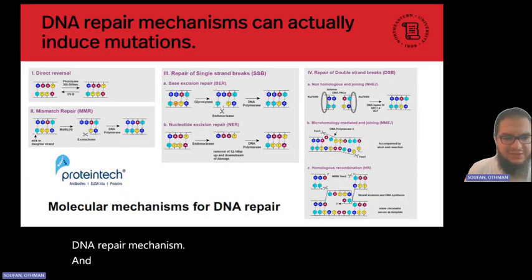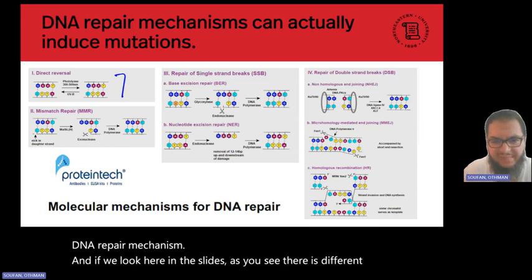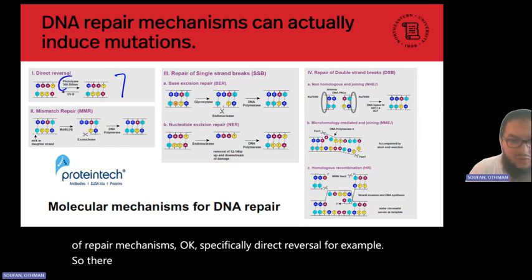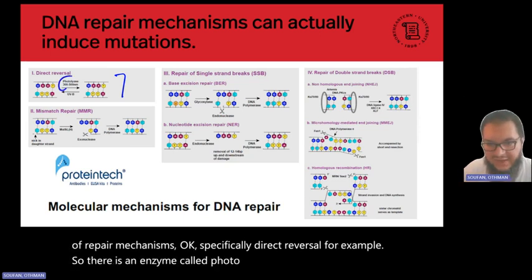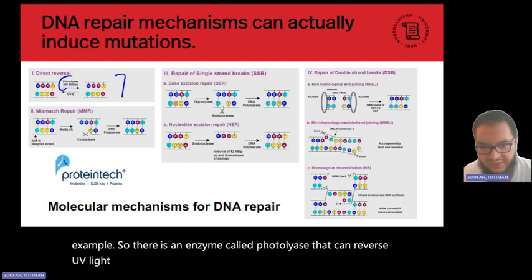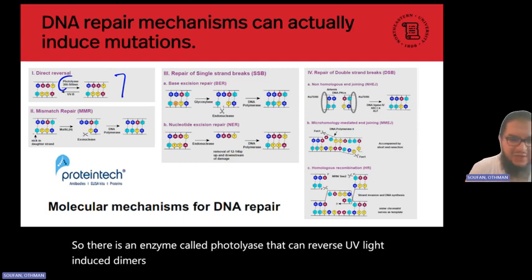And if we look here in the slides, as you see, there are different types of repair mechanisms, specifically direct reversal, for example. There is an enzyme called photolyase that can reverse UV light-induced dimers when exposed to light.